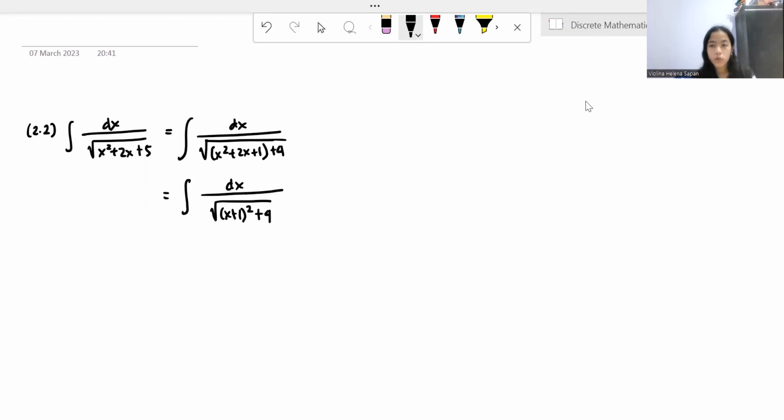Okay. Next, we're going to use trigonometric substitution. First, we draw the right triangle with this angle, theta, and then we can put 2 here and x plus 1 here.